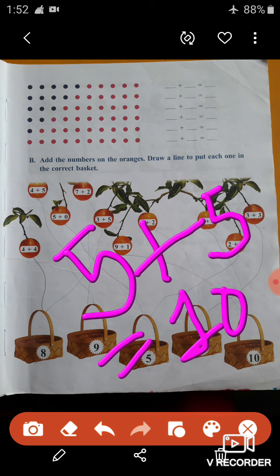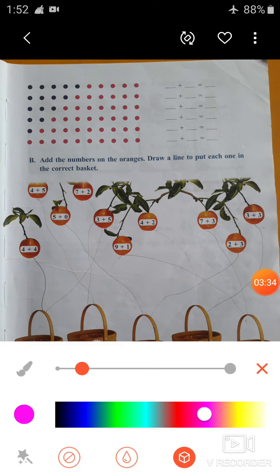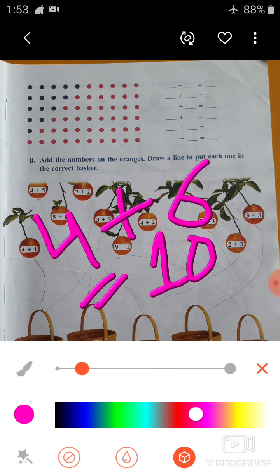So you have to write here 5 plus 5 equals 10. Okay, now in the next one there are 4 blue dots plus 6 pink dots equals 10. You have to write this in this blank. Okay, 4 plus 6 equals 10.